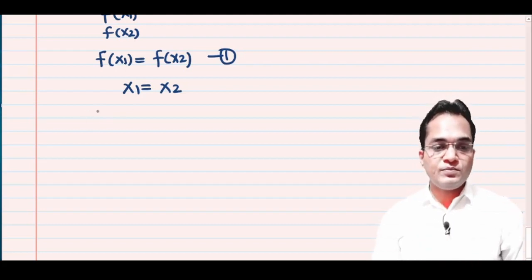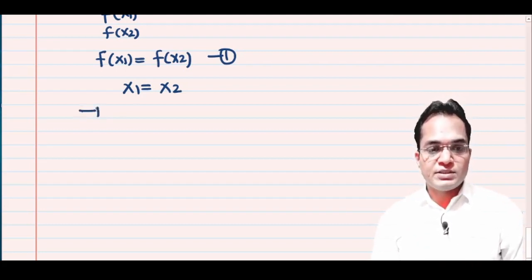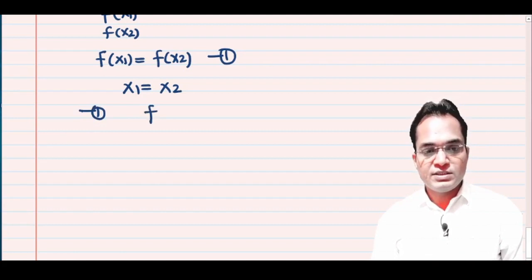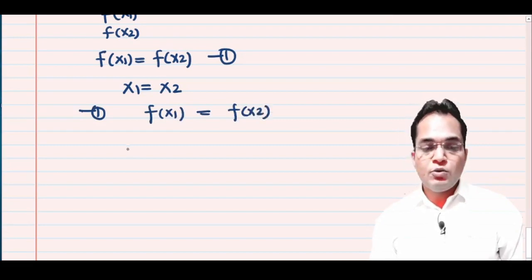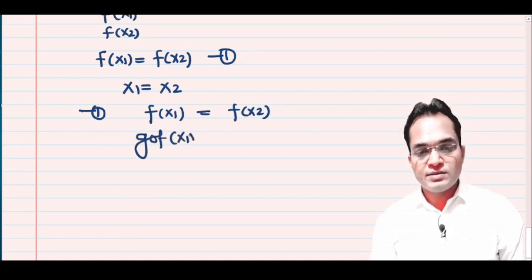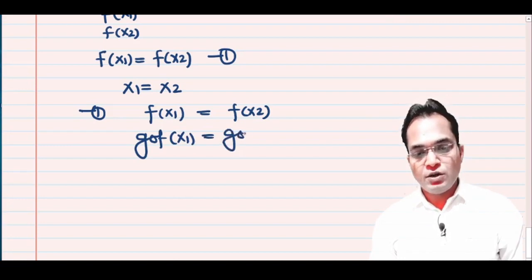Okay, let this be equation number 1. Now taking the g function, or you can say making the composition of g on both sides, means g of f(x1) equals g of f(x2).